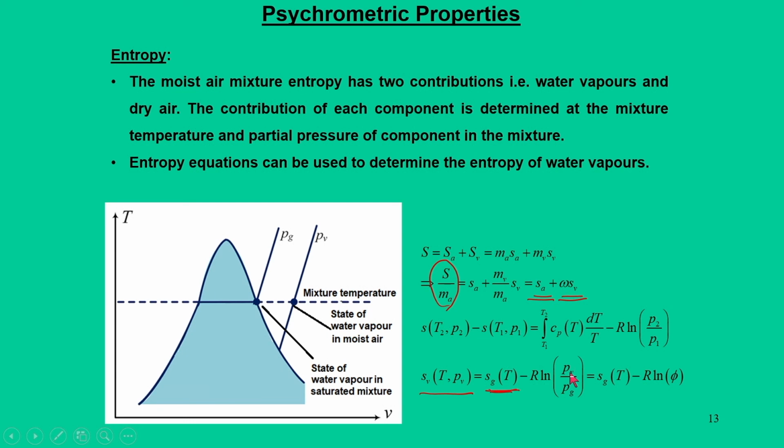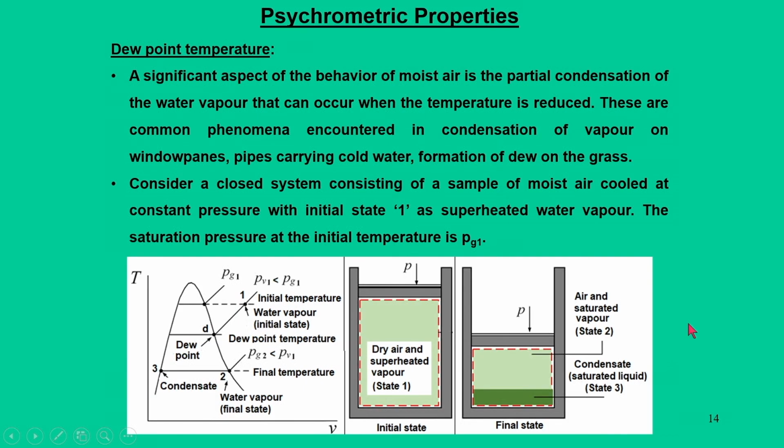PV is your vapor pressure and Pg is the pressure when the air is saturated, the gas phase pressure. So this now becomes Sg times T, R ln phi. In a way, we are able to express it in this form.